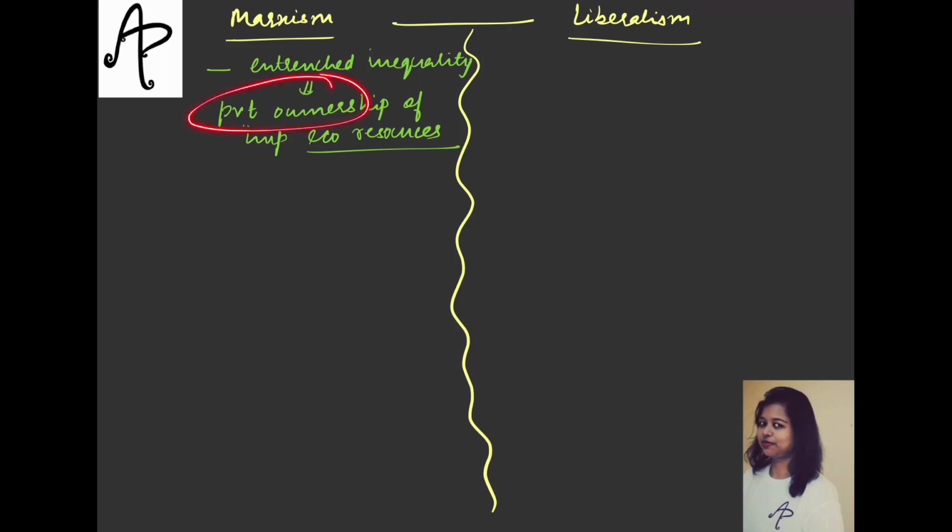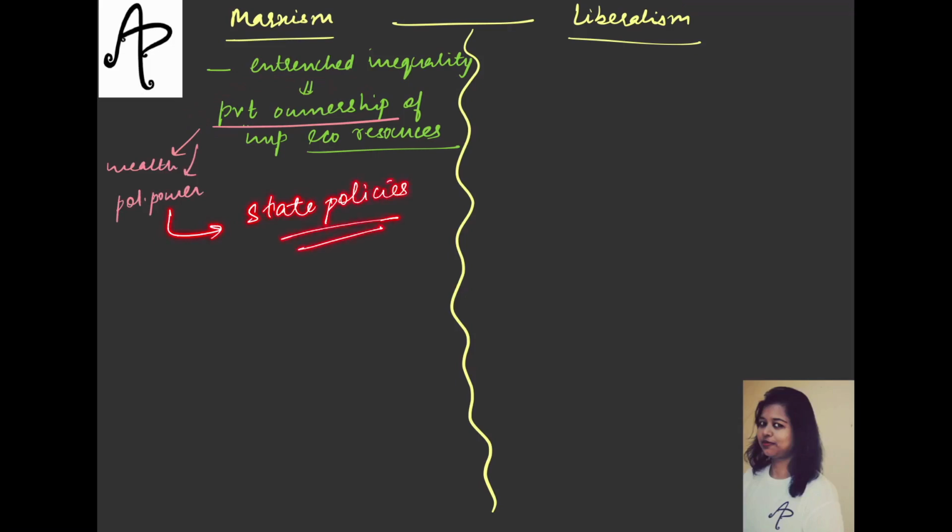Private ownership leads to inequality. Because when somebody gets this power, they get wealth and also political power. Now when they get political power, they influence the state policies and state decisions also. That is very obvious. When state decisions are influenced in such a manner, definitely there is going to be a threat to the democratic government.